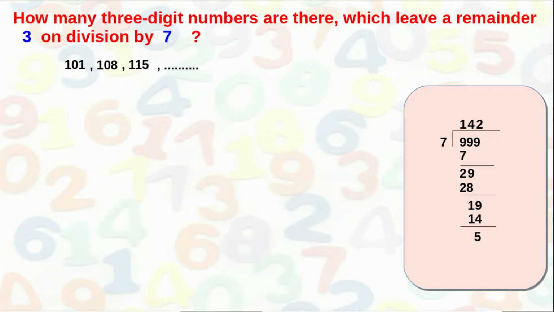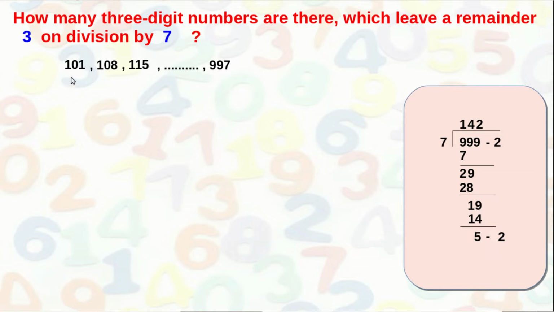Here the remainder is 5, but we need remainder 3. For that, subtract 2 from the number 999 and we get 997. That is the last term of the sequence.